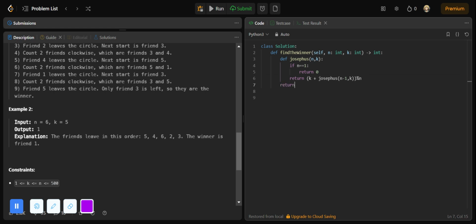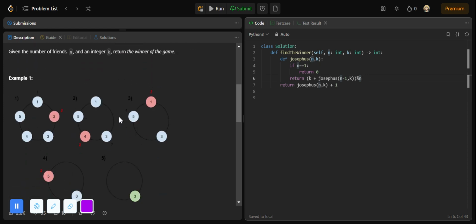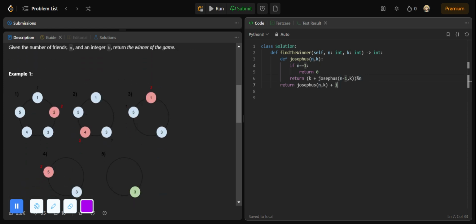Then we return that plus one, because we made the indices start from zero, while the friends are numbered from one to n. So I have to add one.